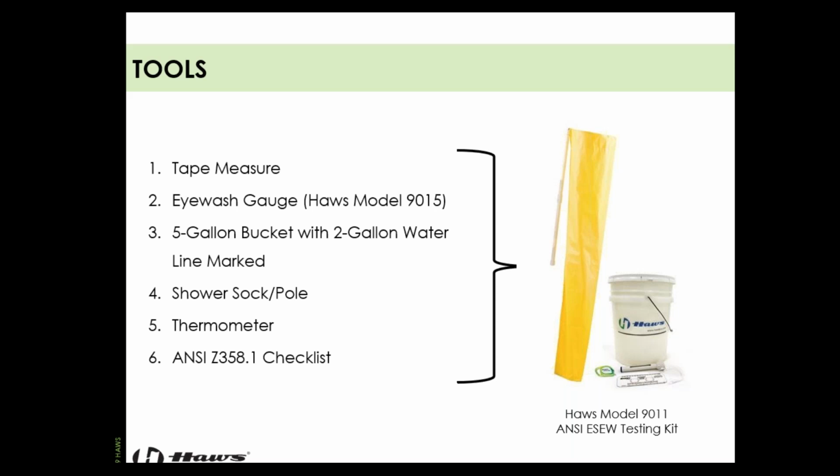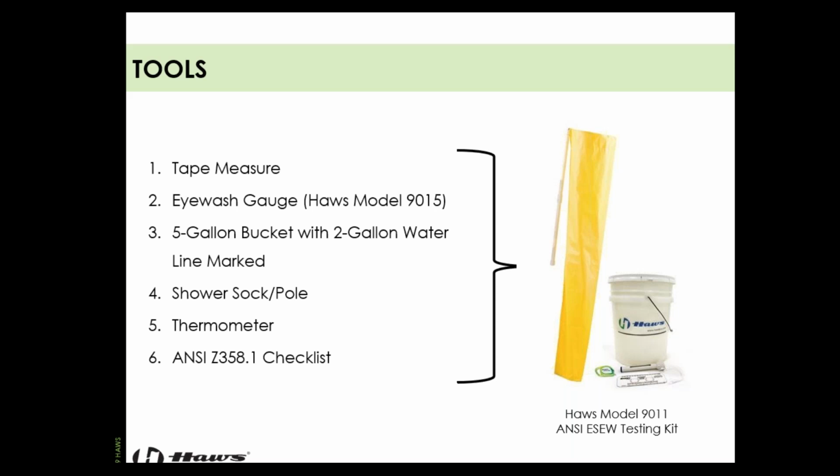Also 5-gallon buckets with 2-gallon water lines marked, the shower sock and pole, a thermometer, and the ANSI checklist, just to make sure that you're covering everything you need to cover during the testing process. On the right here, this is our 9011 test kit, and it comes with each of those things that you're going to need for a test.